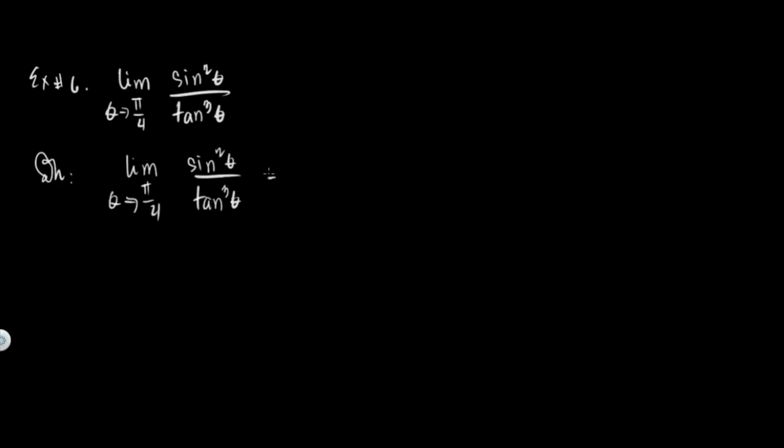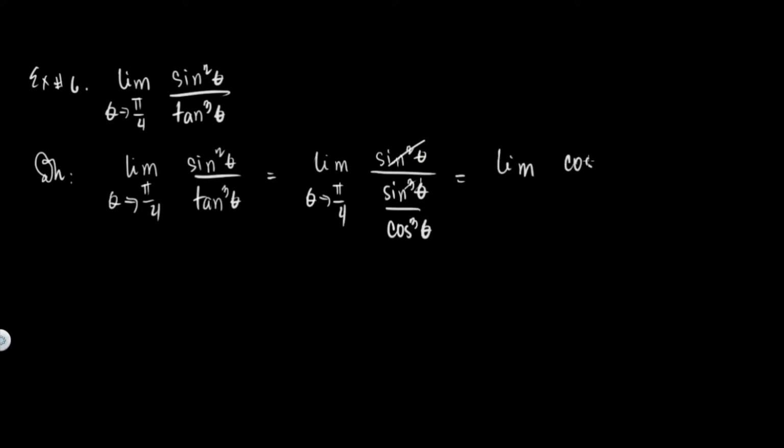Okay? And this is equal to the limit of sine squared theta over sine cube theta over cosine cube theta. Theta approaches pi over 4. So, ito ay square. Ito ay cube. May natirang isa. Then, the cosine cube will go to the numerator. So, the limit of cosine cube theta over sine theta as theta approaches pi over 4.